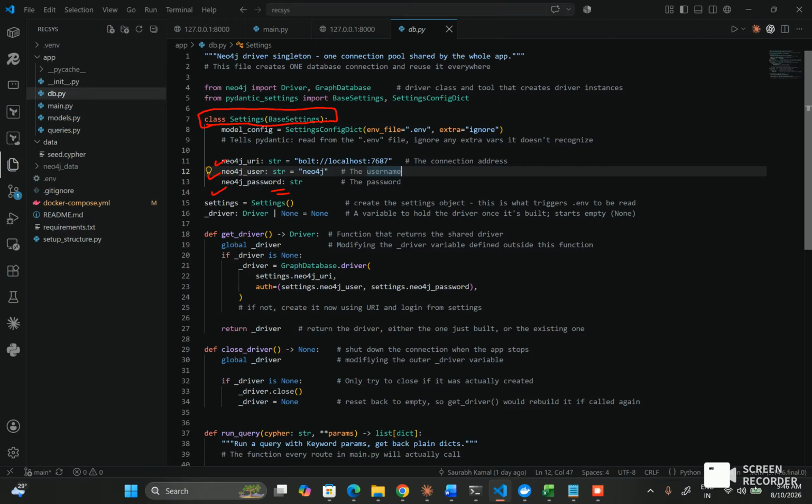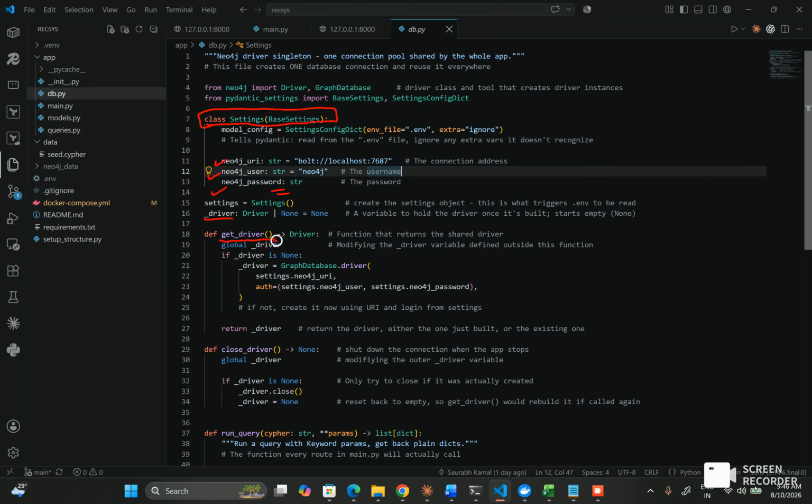Now the second job is to manage exactly one shared connection. Right below it there is an empty placeholder called _driver, starting out as nothing since the app hasn't talked to Neo4j yet. Now this function get_driver is the important one.